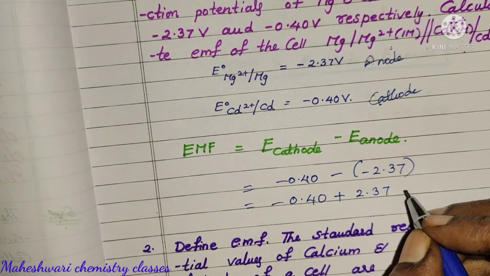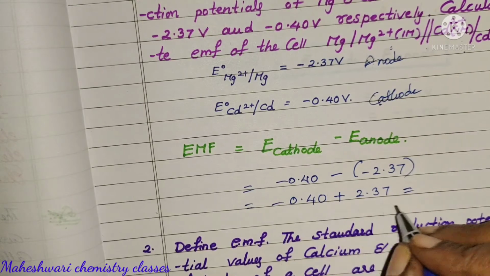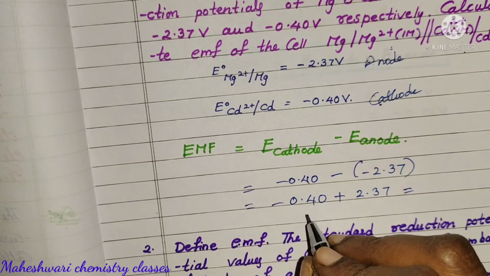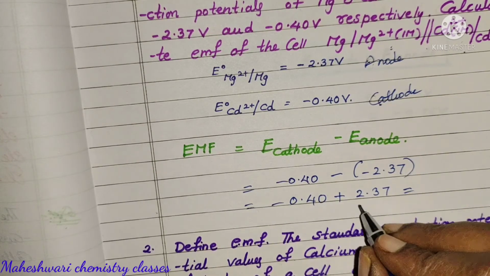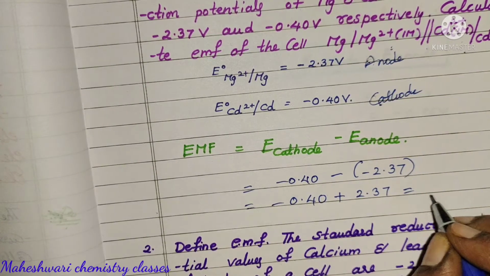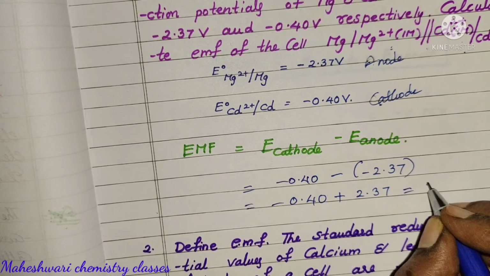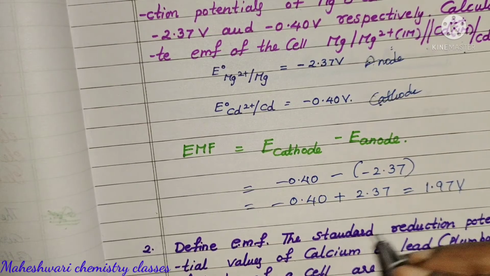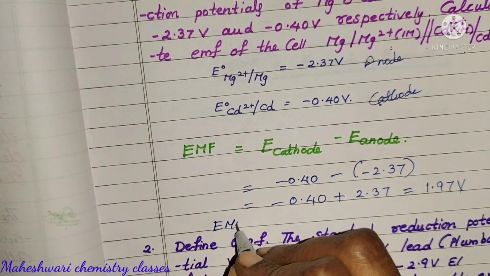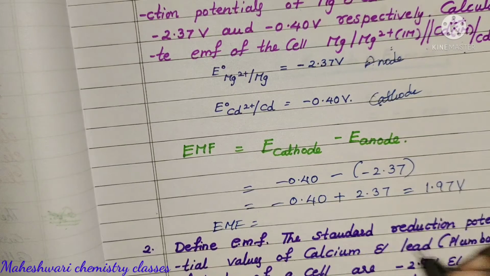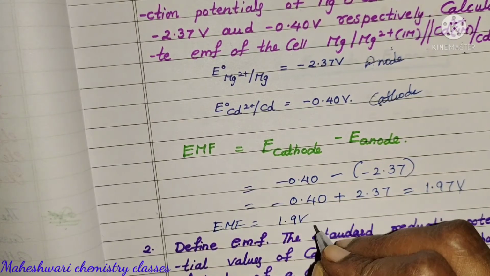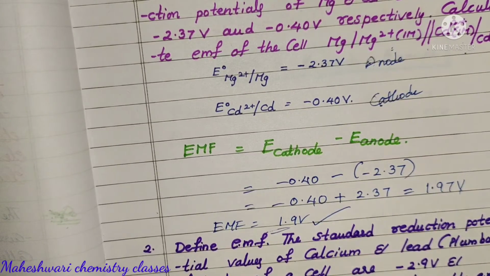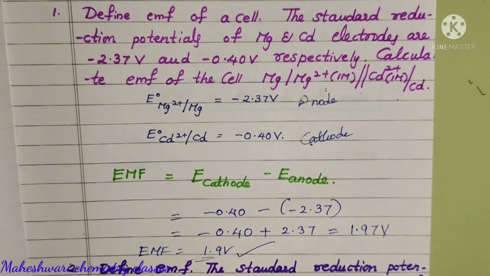Now how much is the value? From 2.37 minus 0.40, how much? 1.97, right? So this 1.97 volts. So EMF equals 1.97 volts. This is problem number 1.